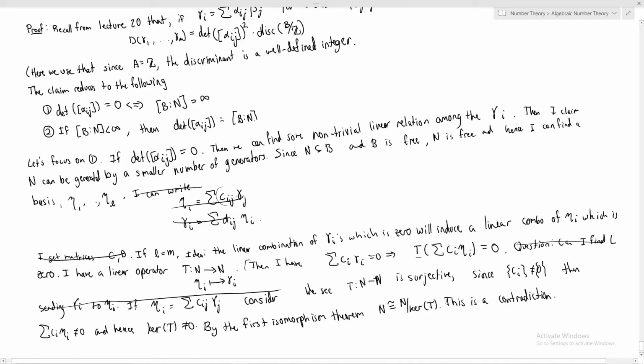I think the easiest way to see this is by the, what you call it? Basically, this is a contradiction by the structure theorem for free modules.